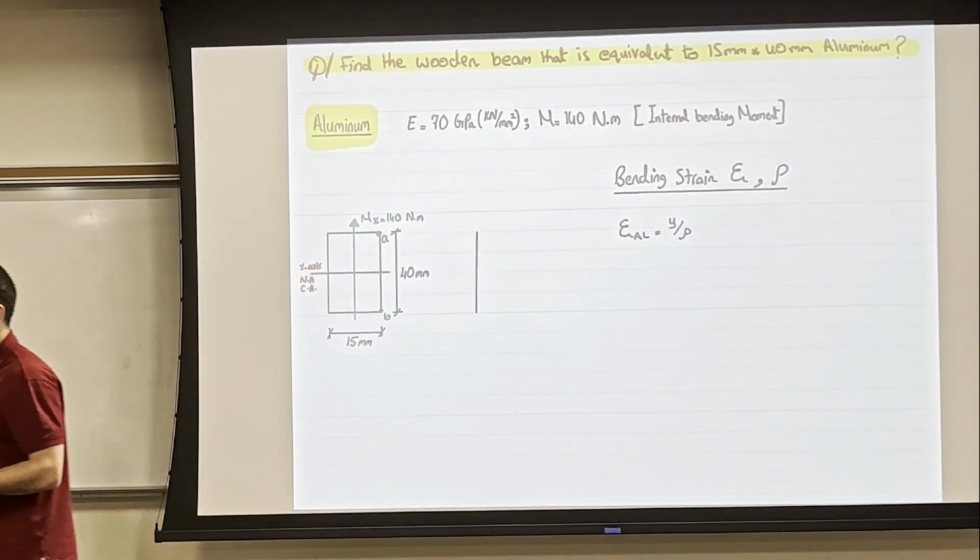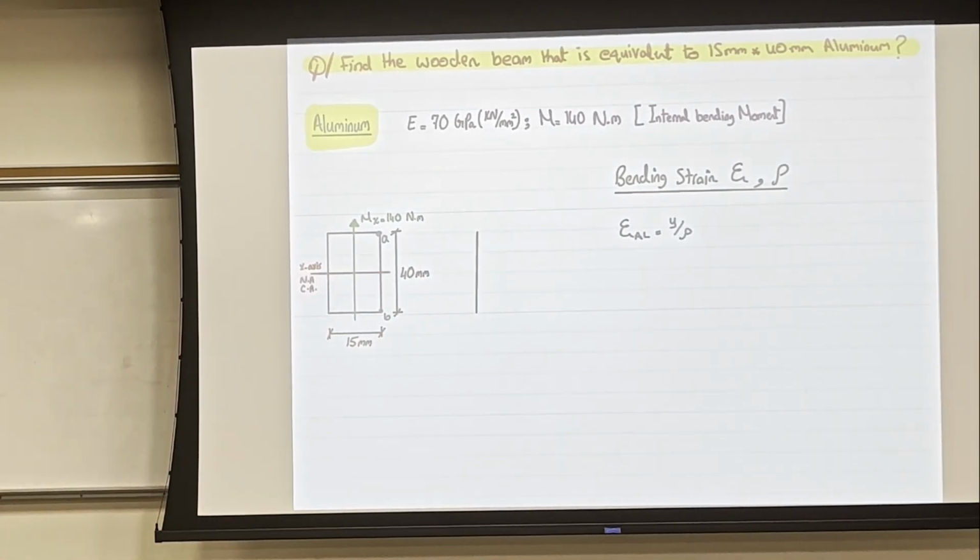But the problem here, I don't know what rho is going to be. So let's find rho. And if you remember, the rho equation was equal to E, which is modulus of elasticity, times I sub x, over M sub x. And the E is 70 gigapascal, and gigapascal is kilonewton per millimeter square.